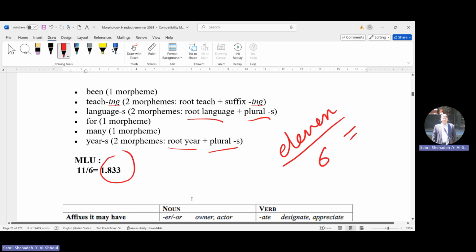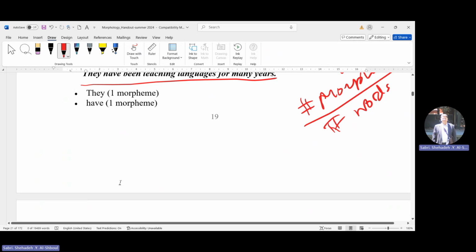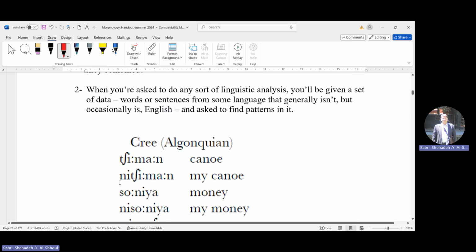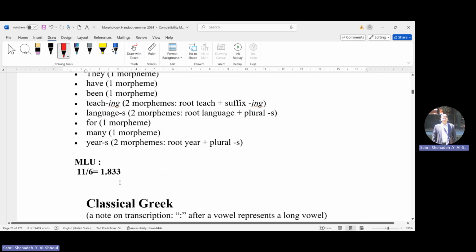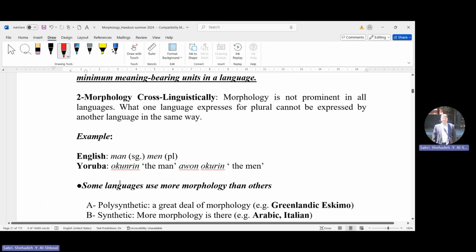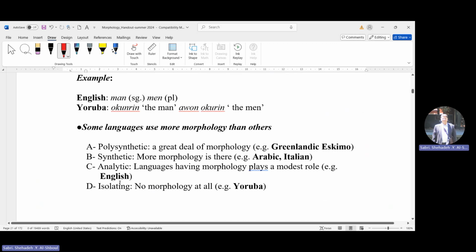So if we look at 1.8, we find which type this language belongs to: polysynthetic, synthetic, analytic, isolating.